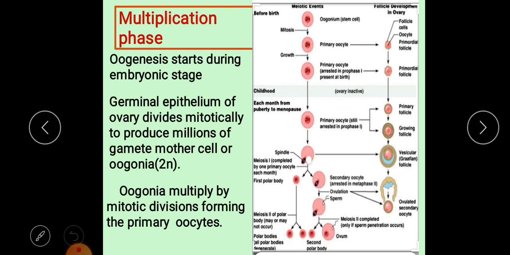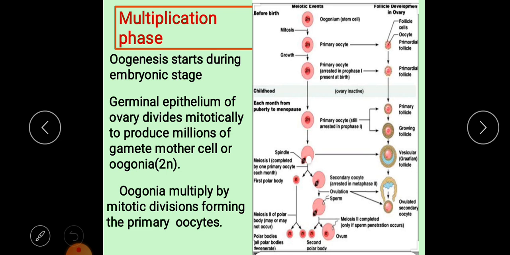Next, the oogonium plays a very important role. The oogonium is nothing but the female gamete mother cell, and this female gamete mother cell is going to give birth to the female gamete.